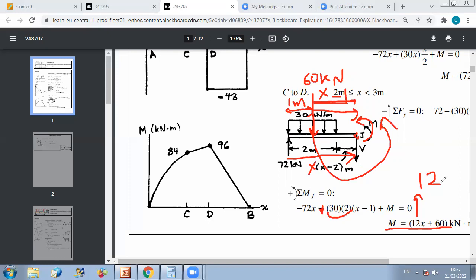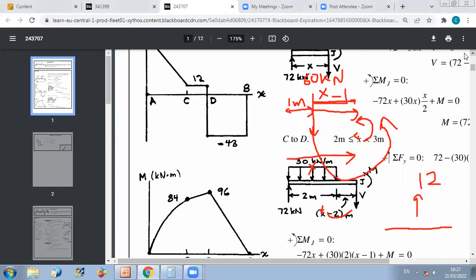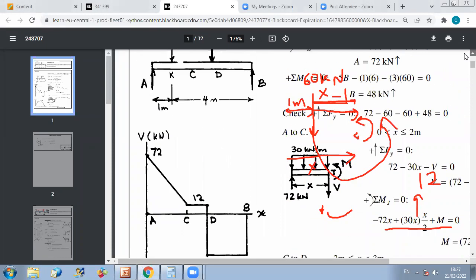Now, concerning how to verify your constants, first, here there is no jump in bending moment. The only source of jump in bending moment is a couple.